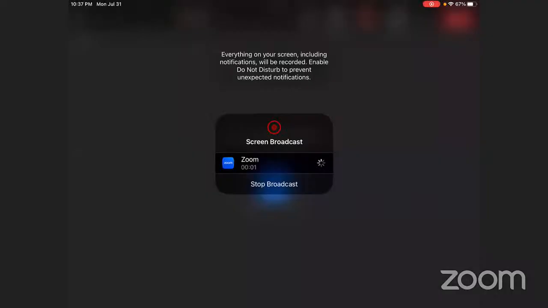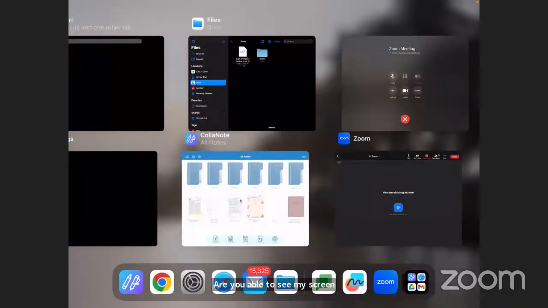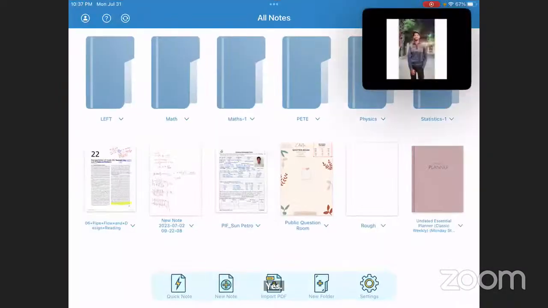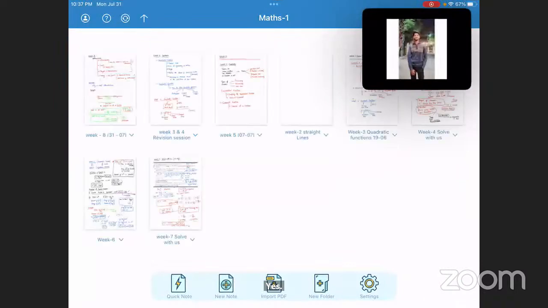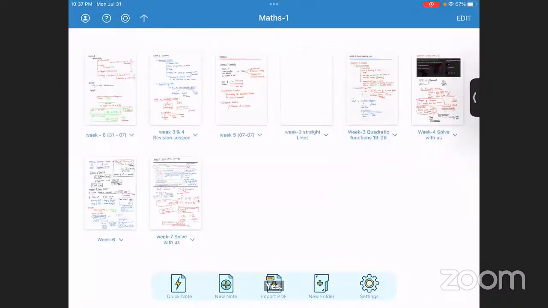Are you able to see my screen? I will explain.